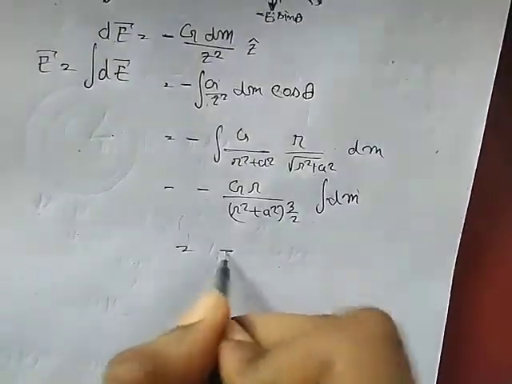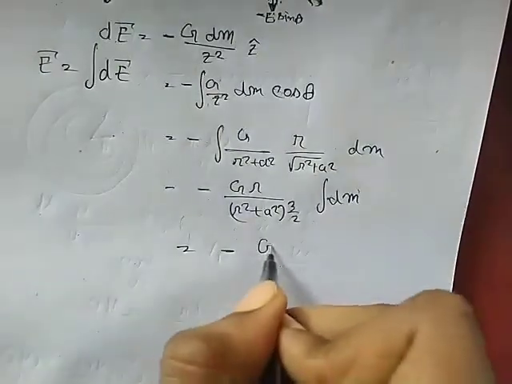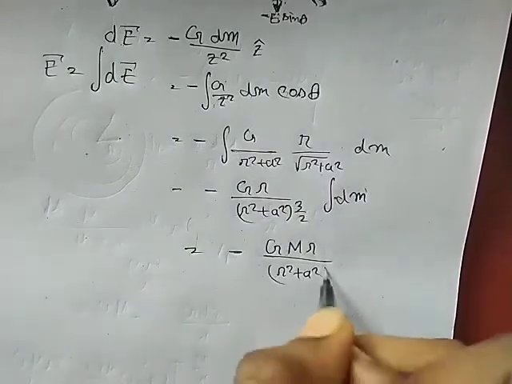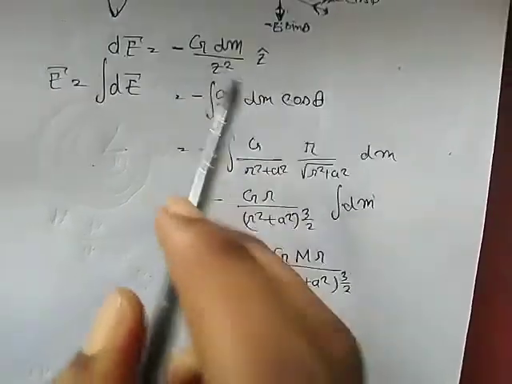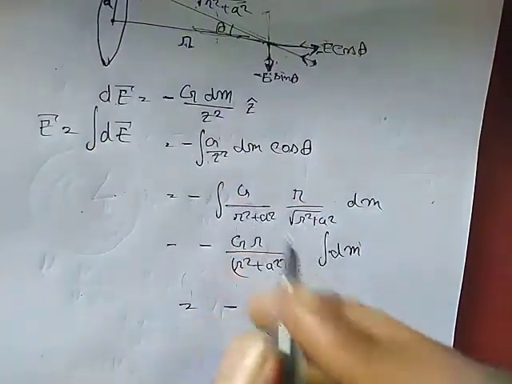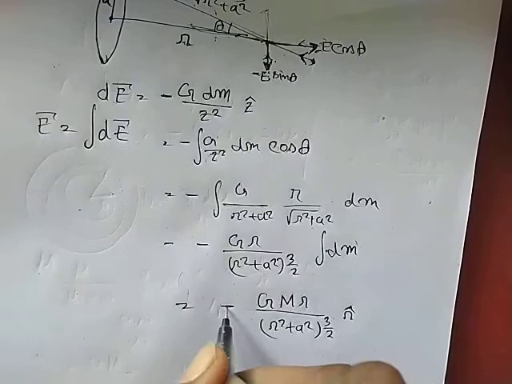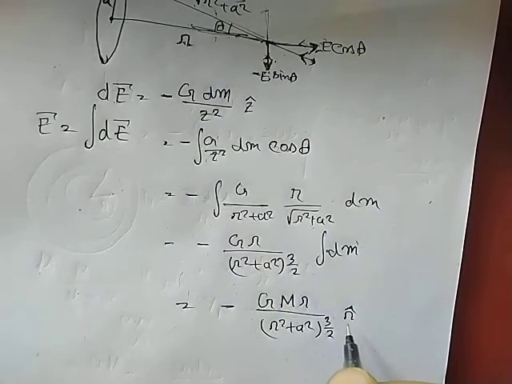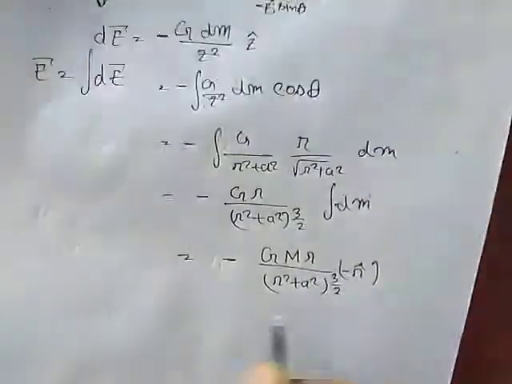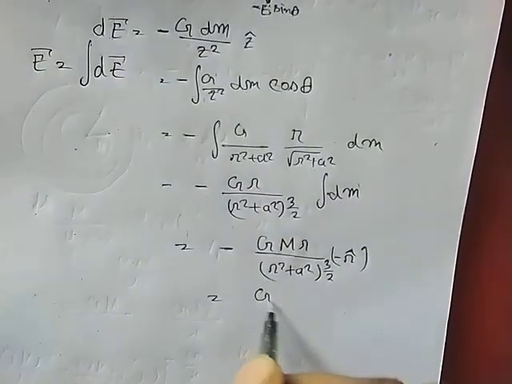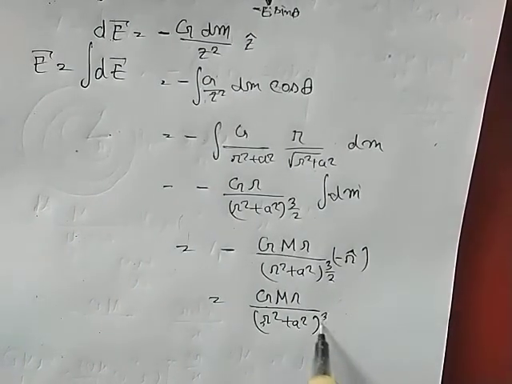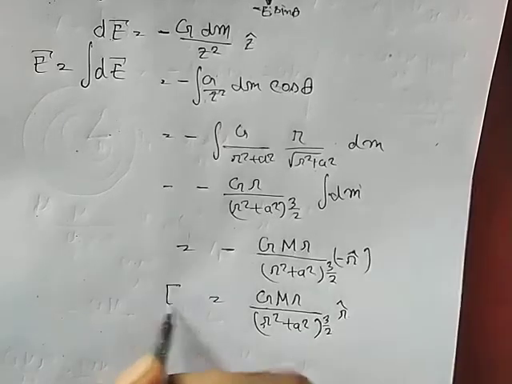So the expression for the field becomes minus GMr by r square plus a square to the power 3 by 2, and the direction will be in this direction, so this is minus r cap.